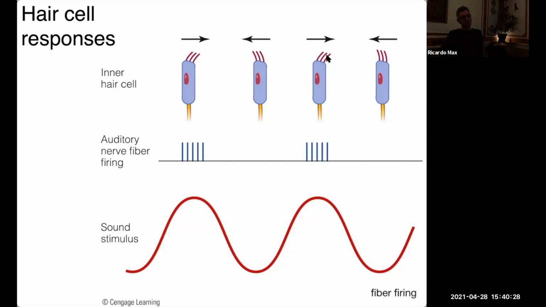So according to the movement of the tectorial membrane that is perfectly synchronized with the vibrations of the liquid inside the cochlea, the cells fire at exactly the same rate, the same frequency of the vibration, which is exactly the same frequency of the sound that reached our ears. Right?